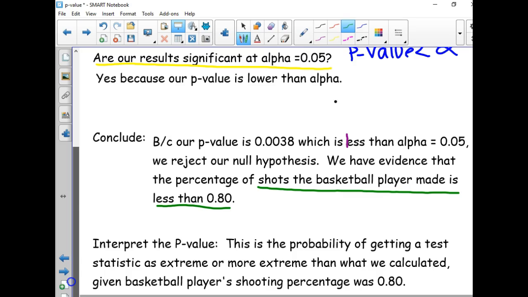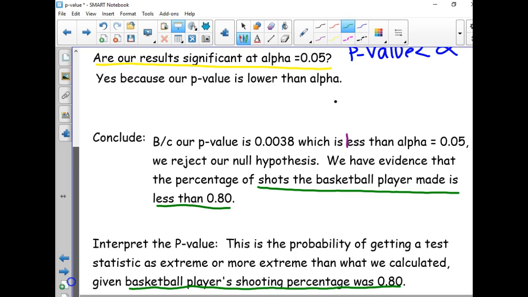This is the probability of getting a test statistic as extreme or more extreme than what we calculated, given the basketball player's shooting percentage was 0.80. Again, given the null hypothesis is true, this is what should happen right here. What should happen is the basketball player shooting percentage was 80%.